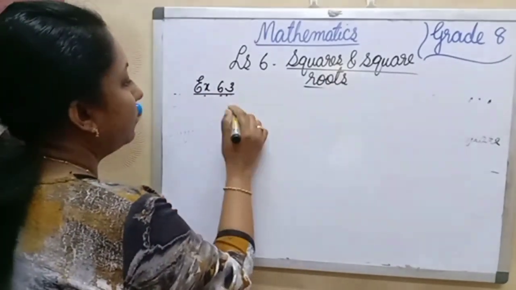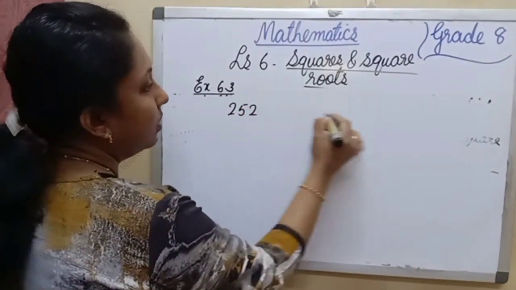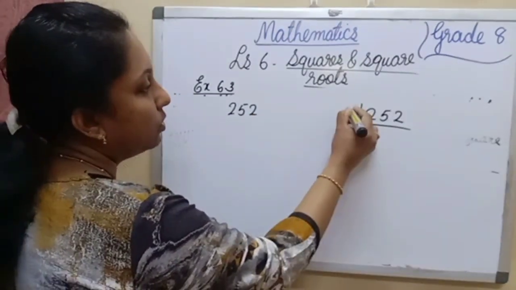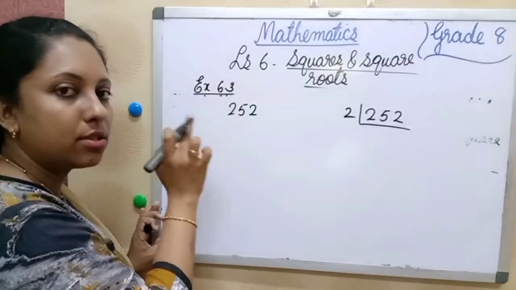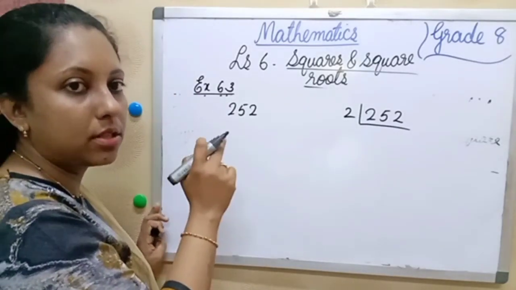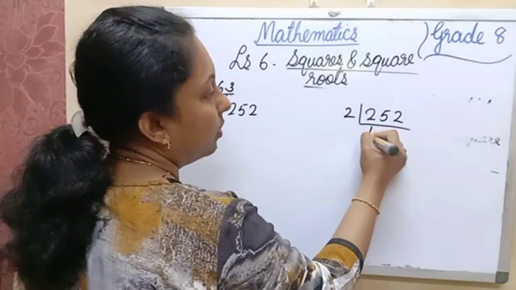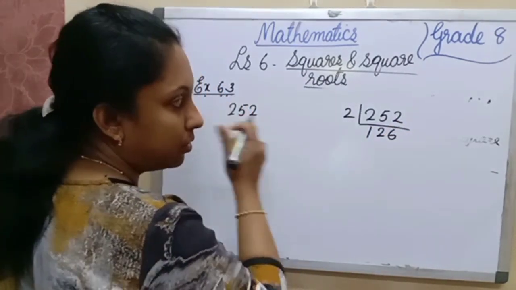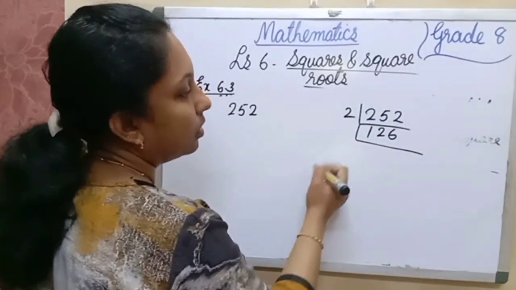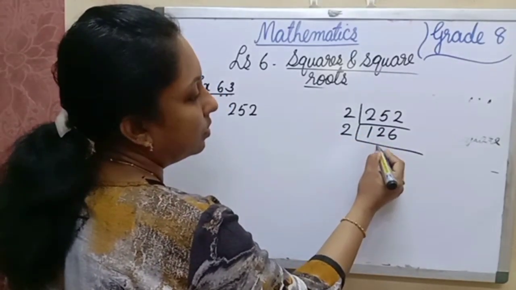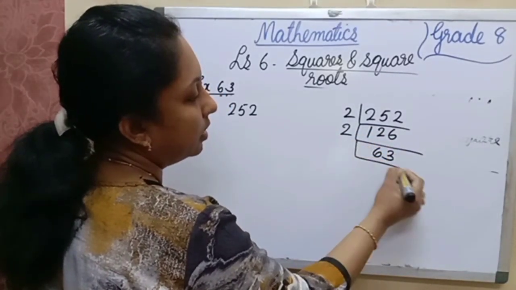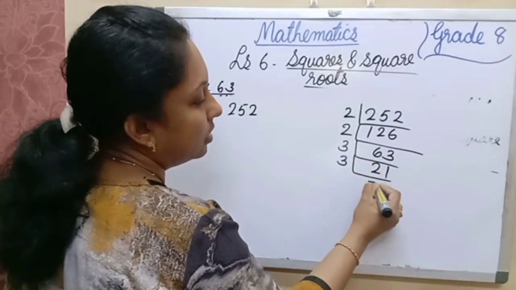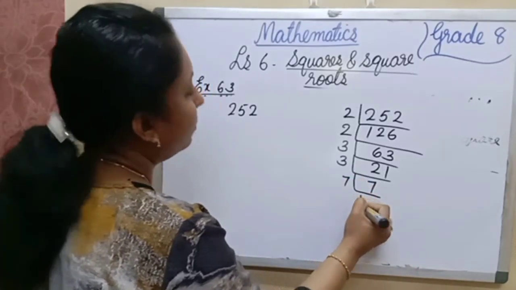It's 252. First we have to factorize 252. 252 divided by 2, 126, then 63, then 3, 21, again 3, 7, 7, 1.